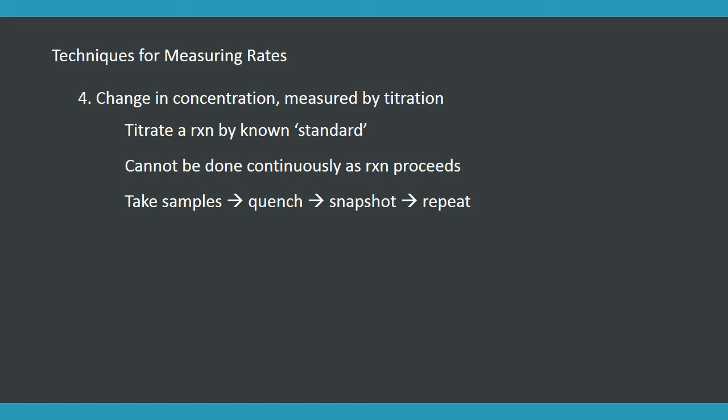And then you're going to quench it. Quenching is a stopping agent so that your reaction does not move forward. And this is going to give you a snapshot of what happened after 20 seconds, after 40 seconds, after 5 minutes, whatever it is. And you're going to constantly repeat until you think the reaction is done.